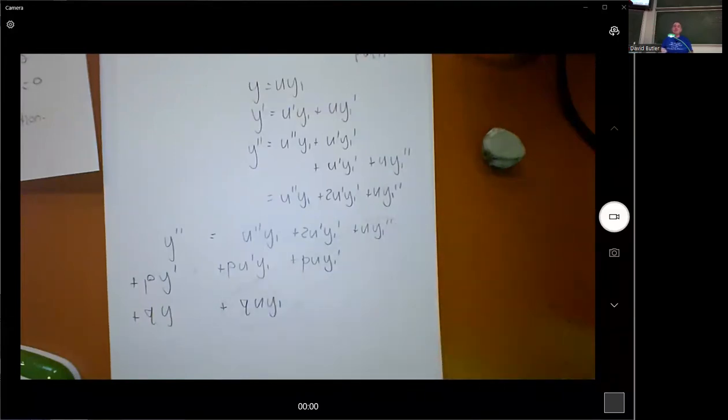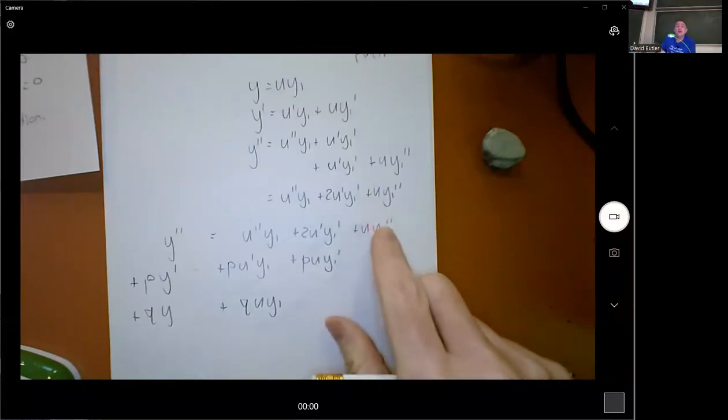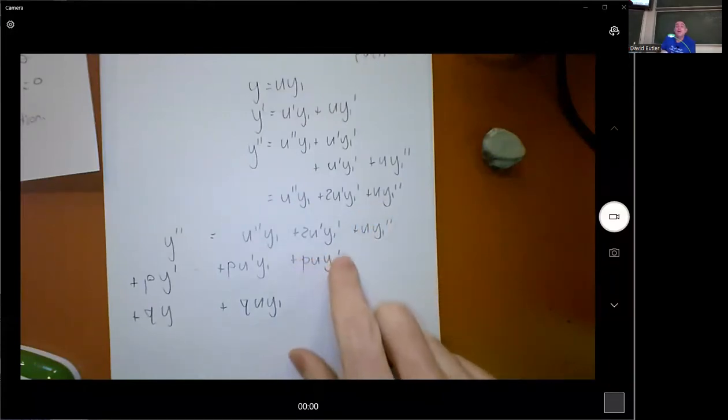This bit, they've all got a u. And if I factorize it out, I get y1 double dashed, py1 dashed, and qy1. And y1 was a solution to the original differential equation, which was y double dash plus py dash plus qy.